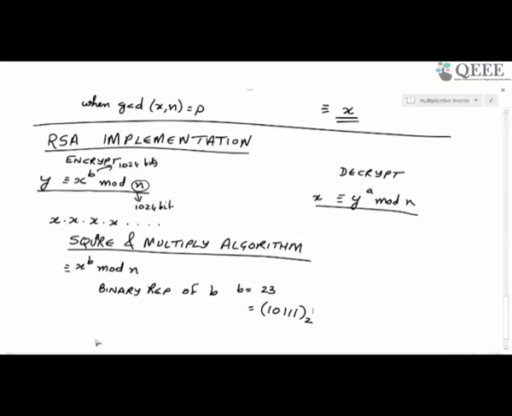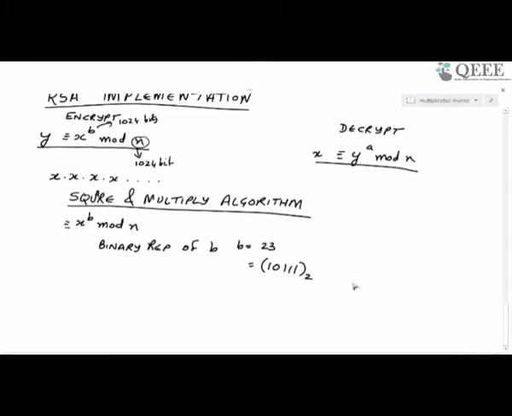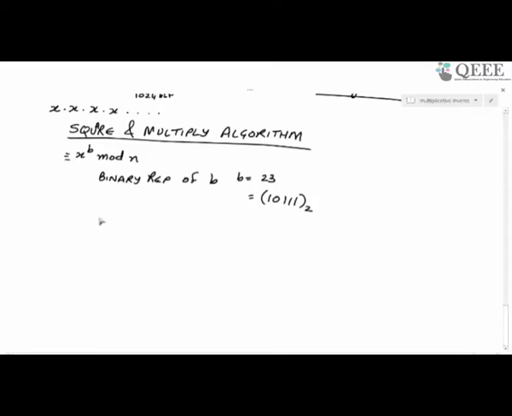Okay, and then we have this very simple algorithm known as the square and multiply algorithm, which will take the values x, b, and n, and it will return x to the power of b mod n.